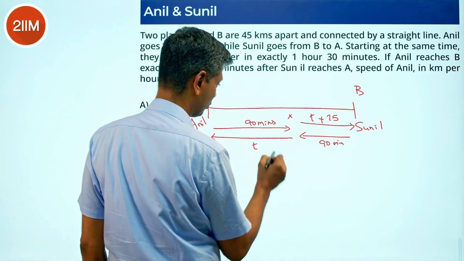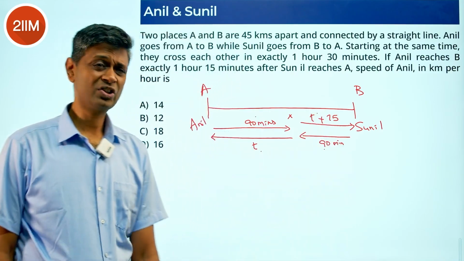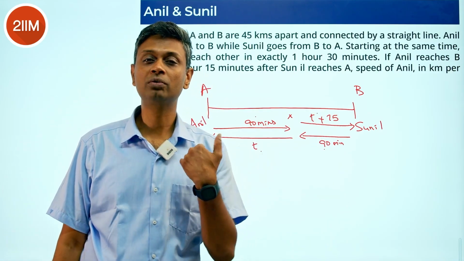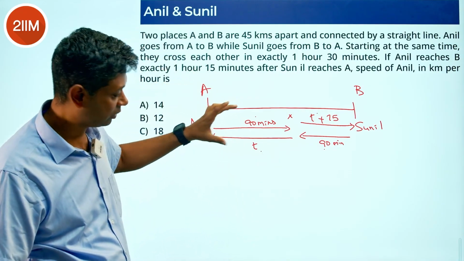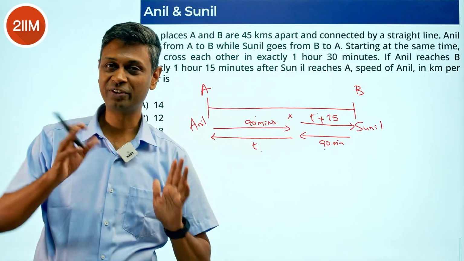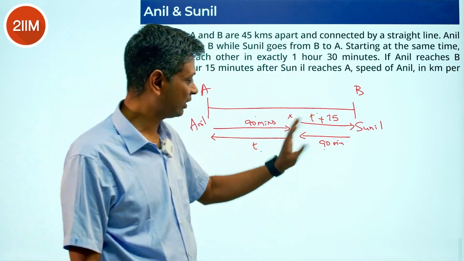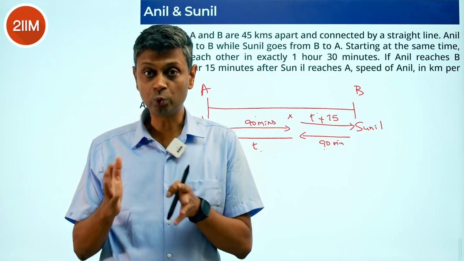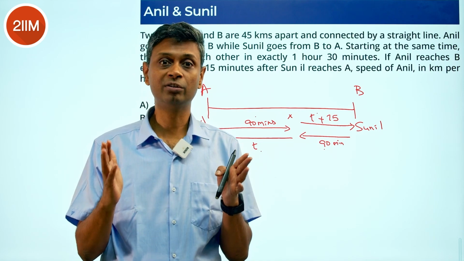So now what are we doing? 90 by t is t plus 75 by 90. Why? For equal distances traveled, the ratio of speeds should be the same, so the ratio of time taken should be the same. For instance, if your friend and you travel 100 kilometers, the ratio of your time taken is 2:3.